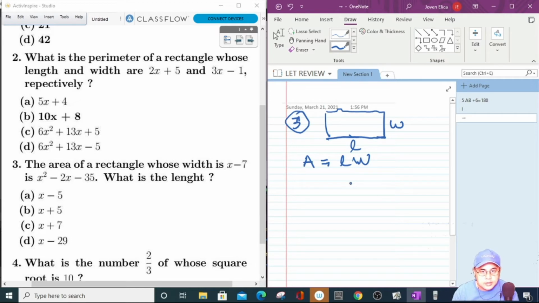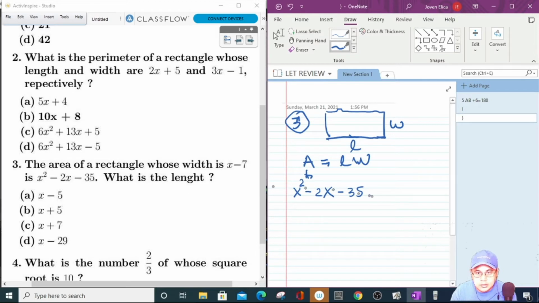Now, in the given problem, the area is given as x squared minus 2x minus 35.